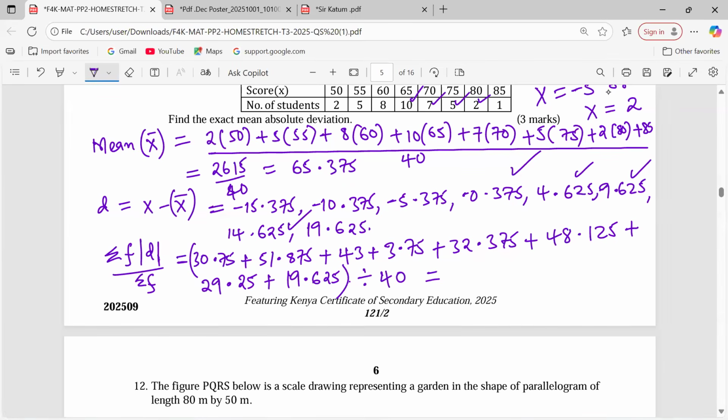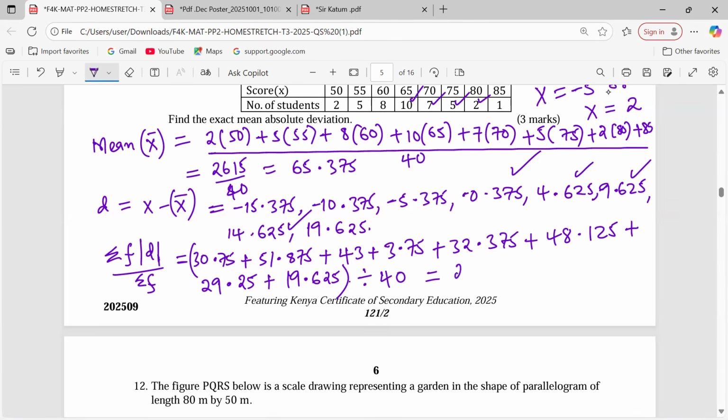Then I add 43. Then I add 3.75. Then I add 32.375. Then I add 48.125. Then I add 29.25. Then I add 19.625.